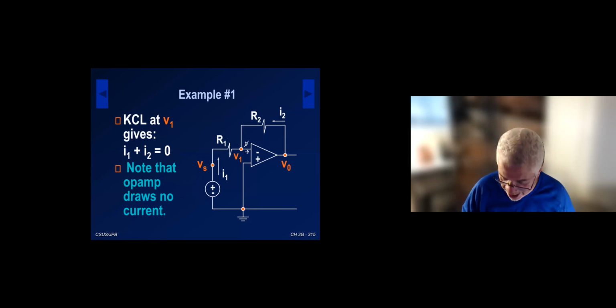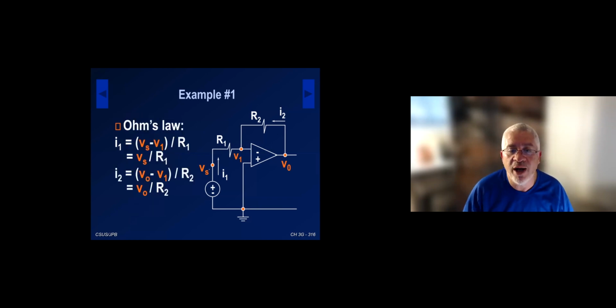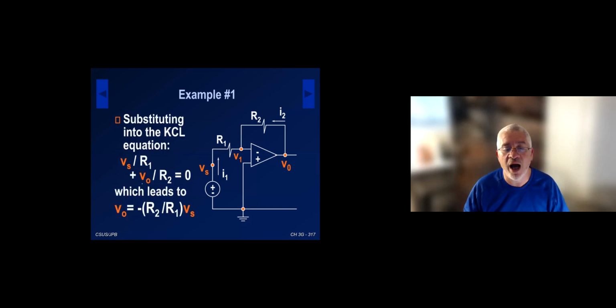Then I'm going to do Ohm's law for I1. I1 is Vs minus V1 divided by R1. V1 is 0, so it's Vs divided by R1. And I2 is V naught minus V1 divided by R2, and V1 is 0, so it's V naught divided by R2. I take those two Ohm's law equations, put them in the KCL, collect terms and solve for V naught.